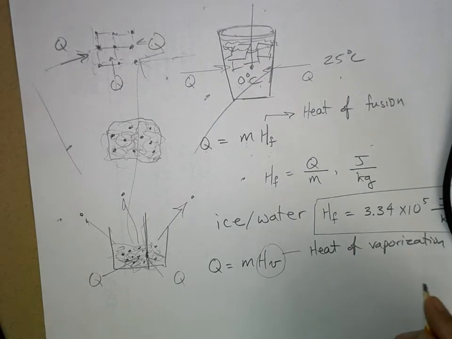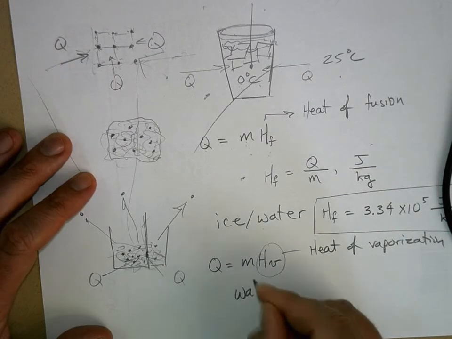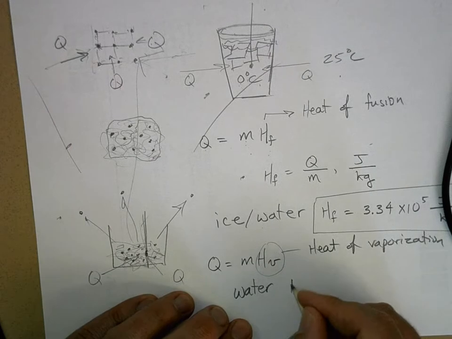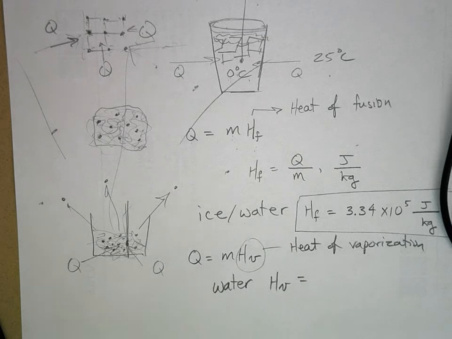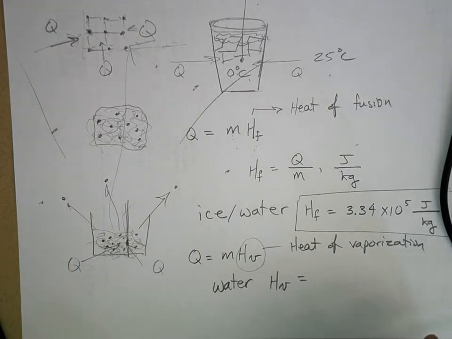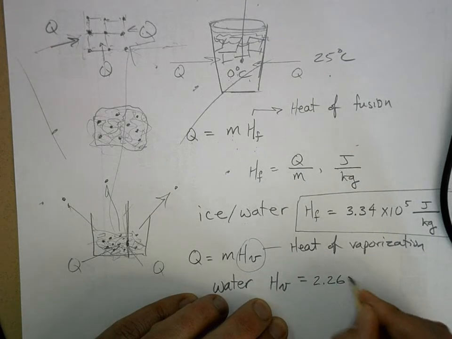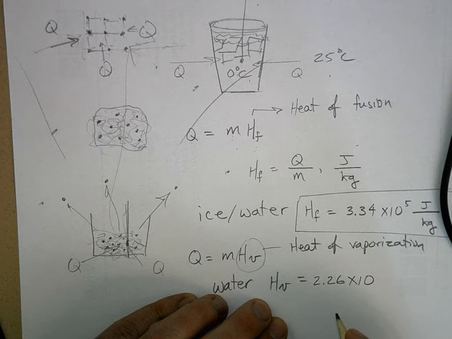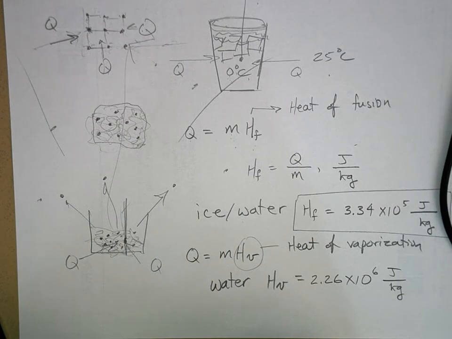And if you look it up for water, the heat of vaporization, that is the amount of heat it takes to boil away 1 kilogram of water, is 2.26 times 10 to the 6 joules per kilogram. Hey, boiling water takes a huge amount of energy.